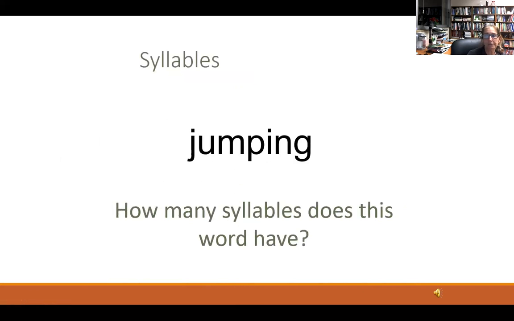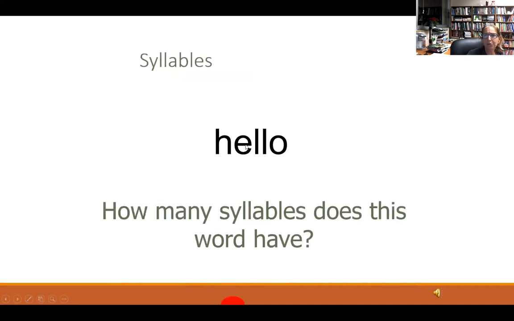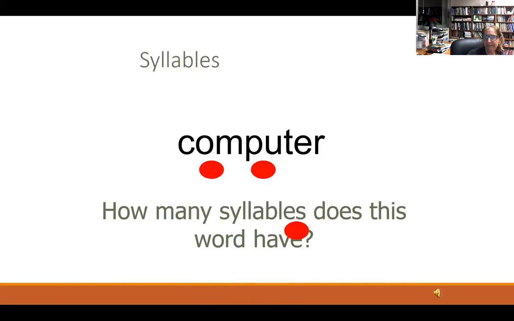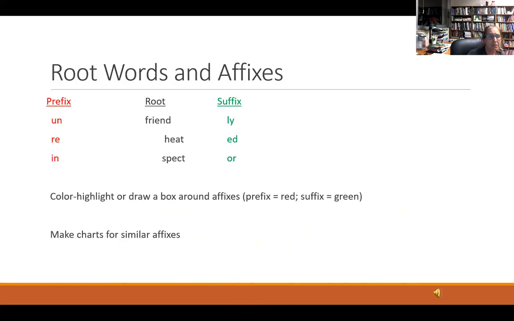This word, jumping, and you can see that it was divided between two consonants. You can go through this yourself just to see how you do. It's just some activities that you can have fun doing yourself. It takes a long time to create the PowerPoint, though.